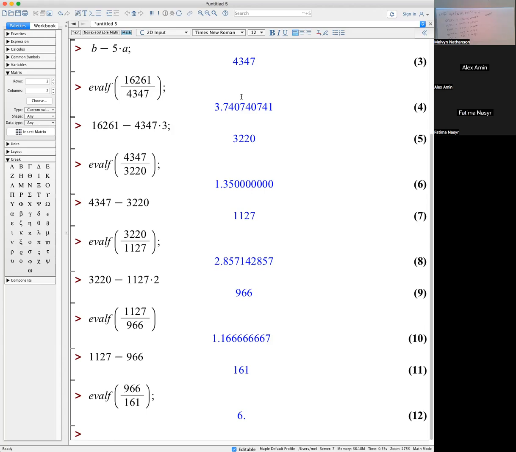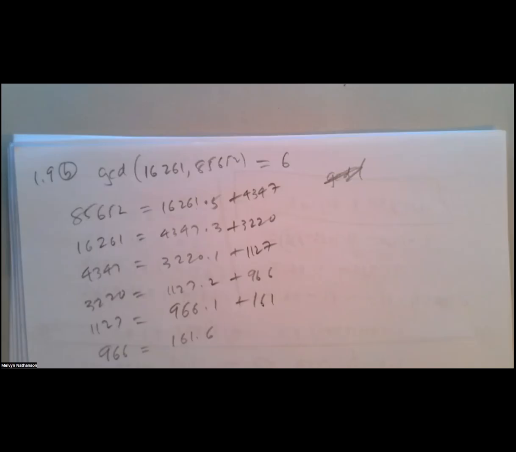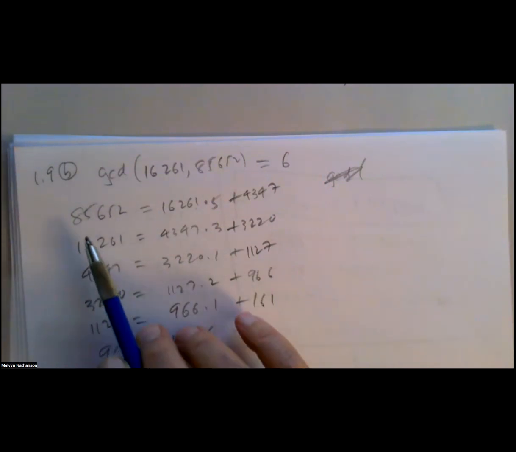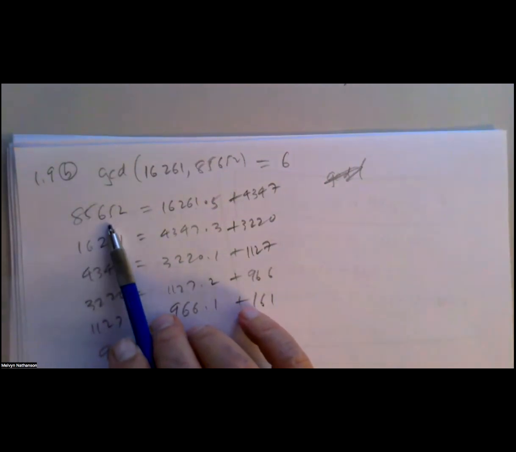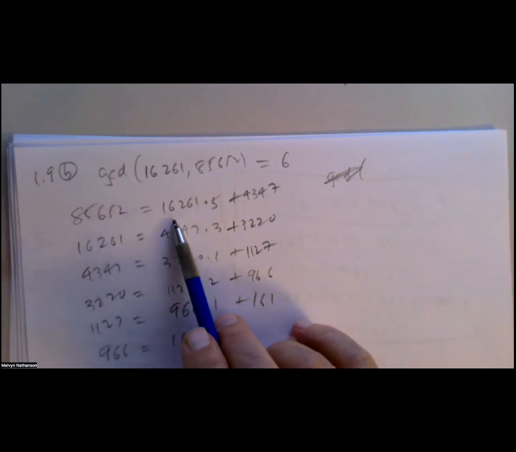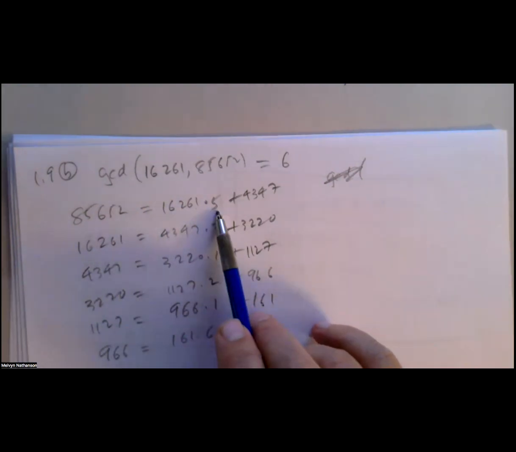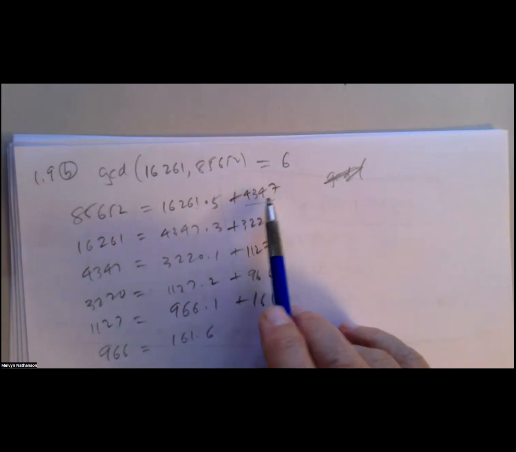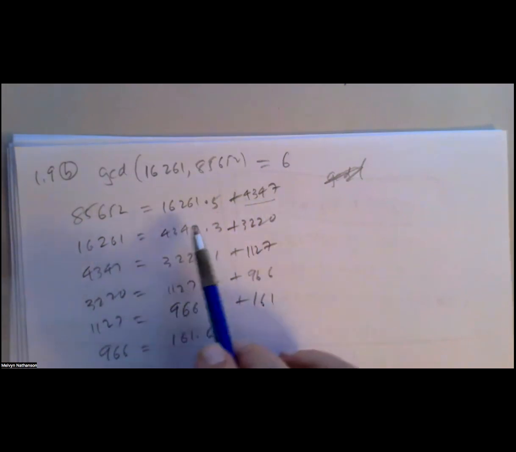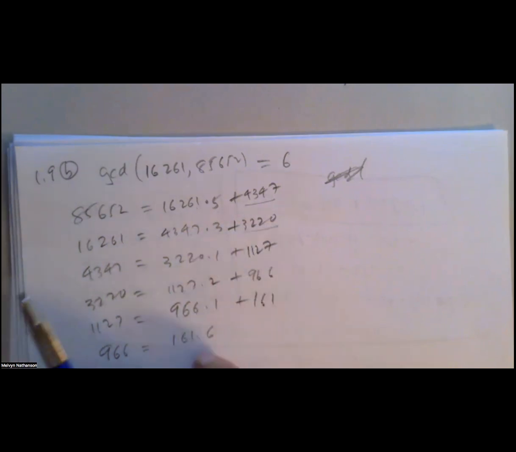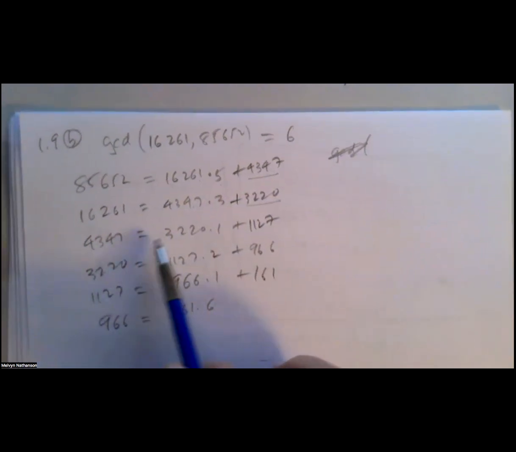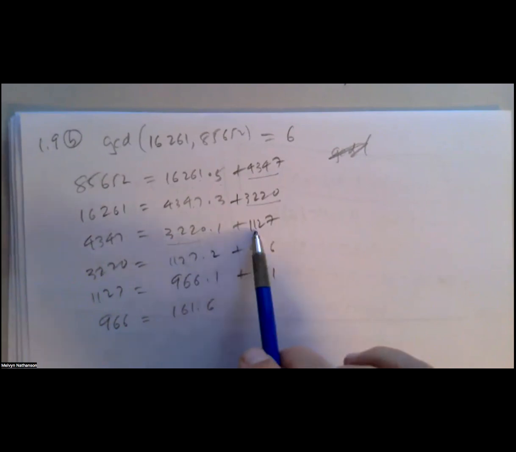So let me just stop the share if I can. So this is what I found, if I did everything correctly. 85,652 divided by 16,261, that goes 5 times, and that's the remainder. 16,261 divided by 4347 goes 3 times, and this is the remainder. 4347 is this plus 1127.